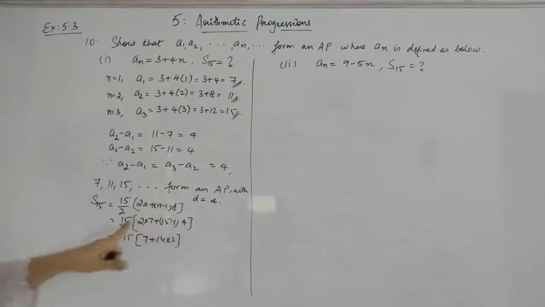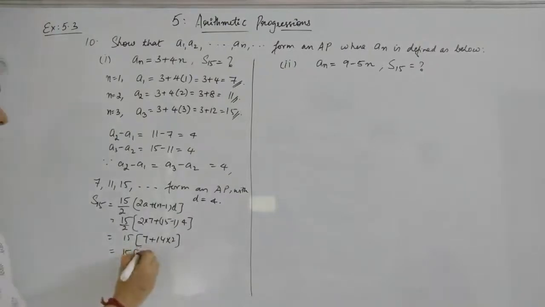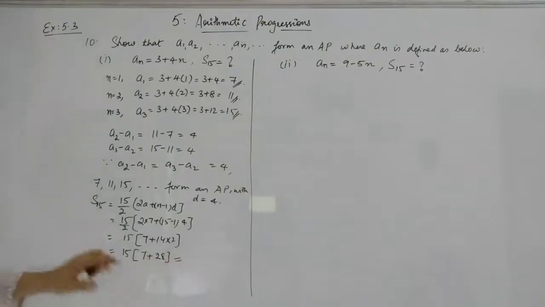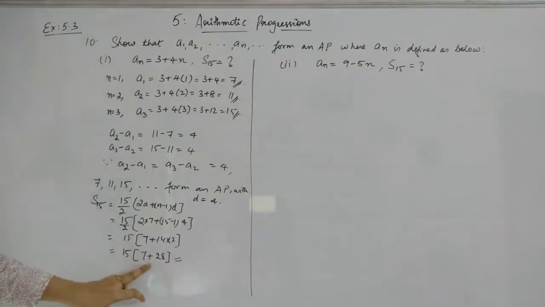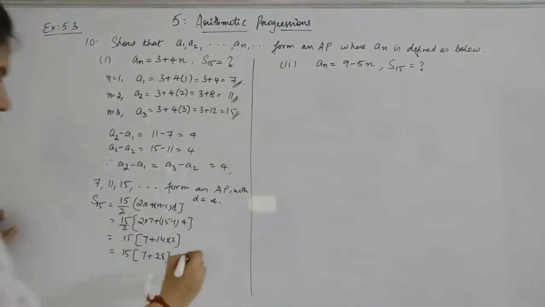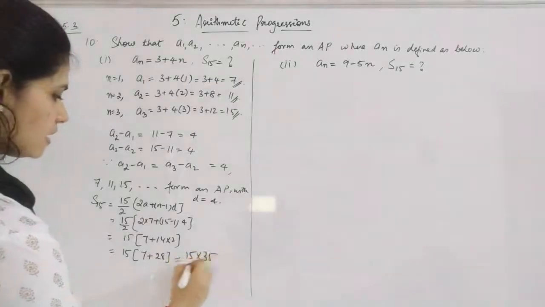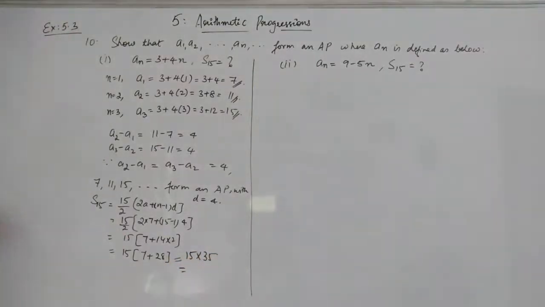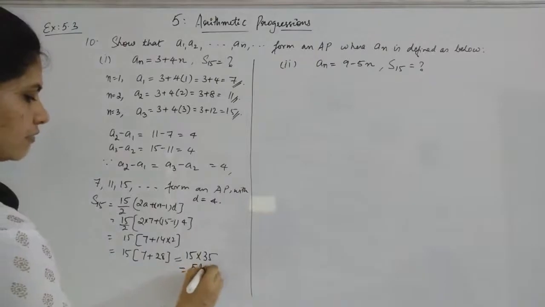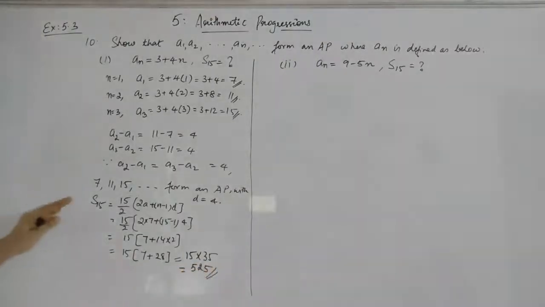Okay, 2 has been taken out and cancelled, so that you will get 15 into 7 plus 28. Okay, so you are getting it to be 15 into 35. So 15 into 35 will give you nothing but 525. Okay, so this is your S15 since it is forming an AP.